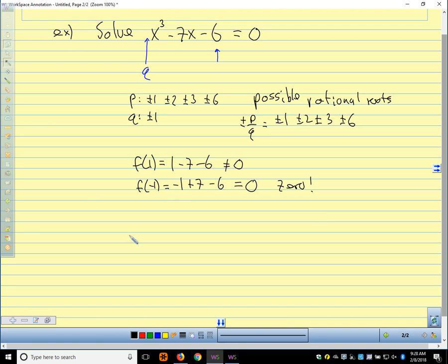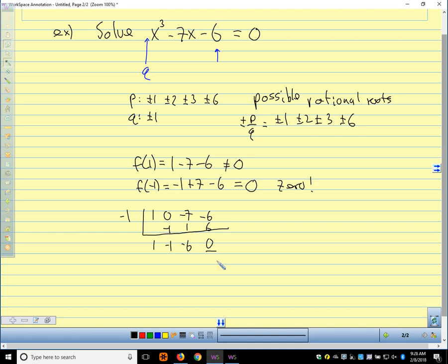All right, so we know if we do synthetic division by negative 1, we should get a 0 remainder, and then we'd have a quadratic function. So let's set this up. I need a 0x squared minus 7 minus 6. So we get a negative 1, 1, negative 6, 6, 0.